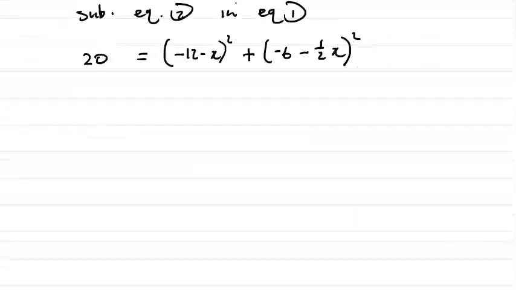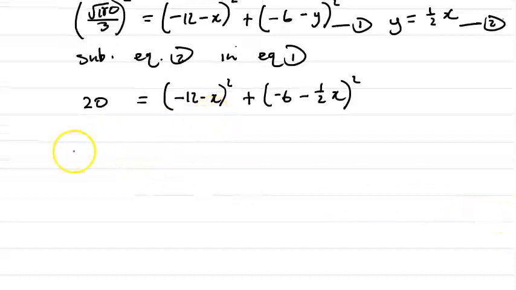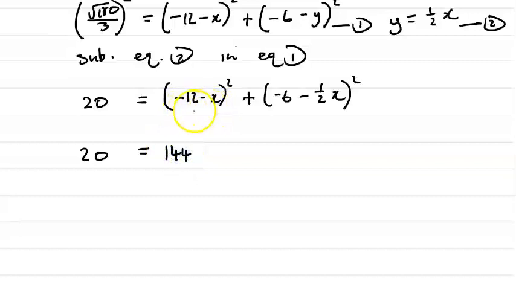So now we've got an equation in terms of x only. So now we can solve for x. So that will be 20 equals, so let's square this binomial. Minus 12 all squared is 144. If I double the product of these two terms, I'll get minus 12 times x is 12x, times 2, so plus 24x, plus x squared. Then minus 6 all squared will be positive 36.